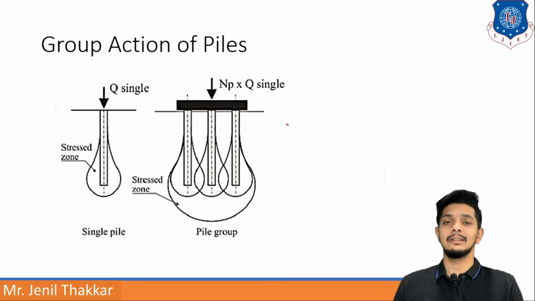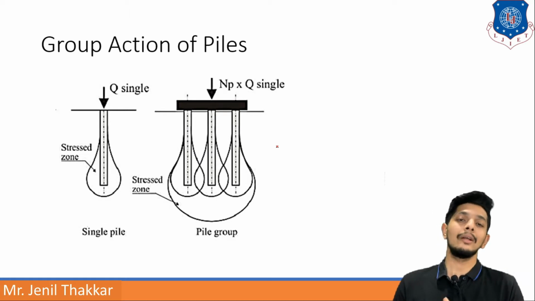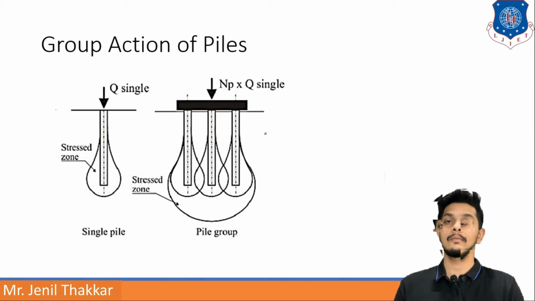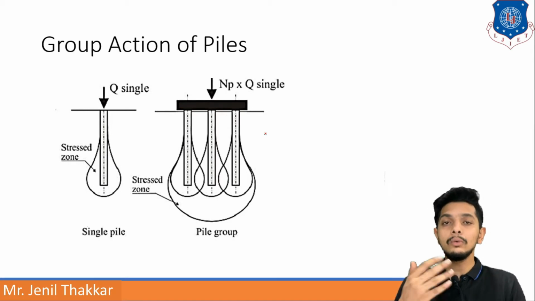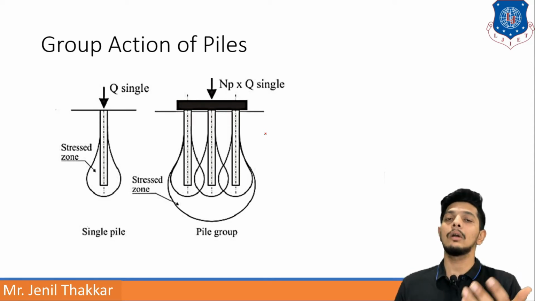This will act as the pile cap, and the total structural load will be on this pile cap, which will distribute the total load to the different piles. It is not necessary that the pile cap is above the ground line only. It may be buried in the soil or below the ground line. But the pile cap will act as a reinforced concrete slab or beam and distribute the load to the piles.